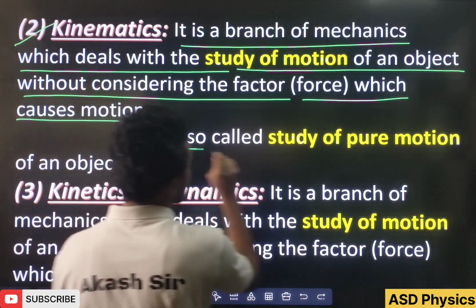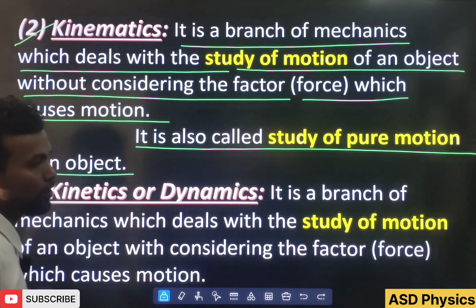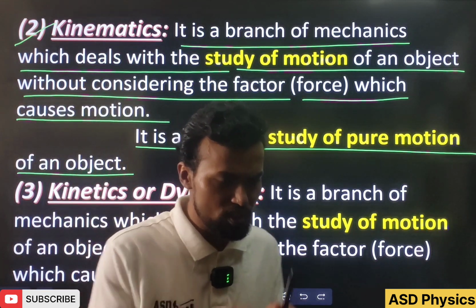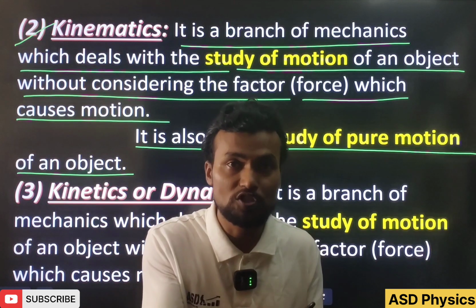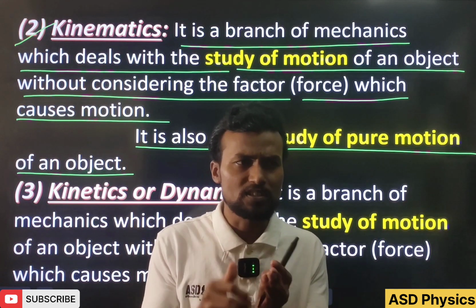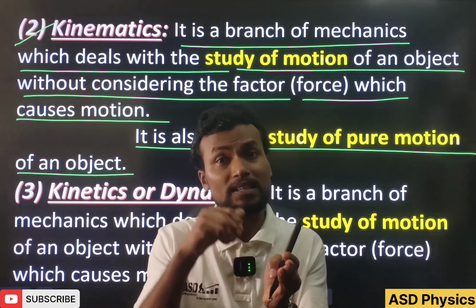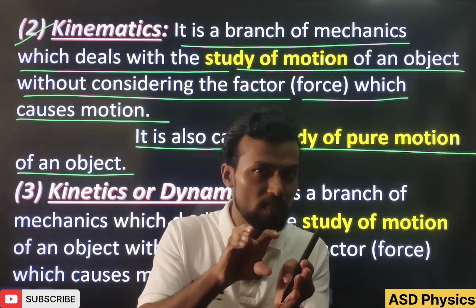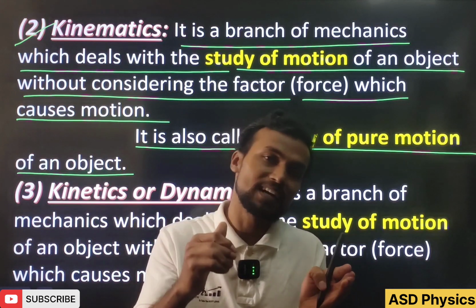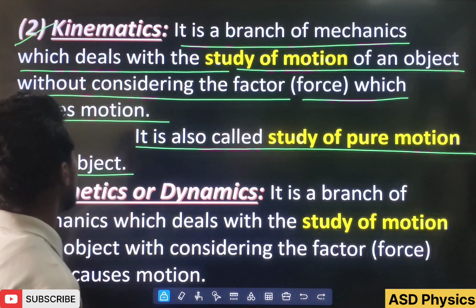It is also called the study of pure motion of an object. In this straight line motion chapter and the motion in a plane chapter, this comes under kinematics. Here we will study speed, velocity, acceleration. But why this motion is happening, that means the force responsible for the motion, that we will not consider. That we will consider in the laws of motion chapter. So this is kinematics.